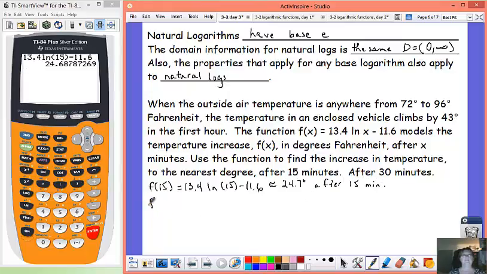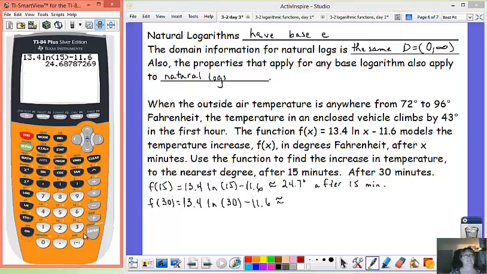After 30 minutes, so being in an enclosed car for 30 minutes when it's this warm outside, 72 to 96, 72 seems relatively safe, we'd think. But let's see how far that temperature would increase according to this rule.